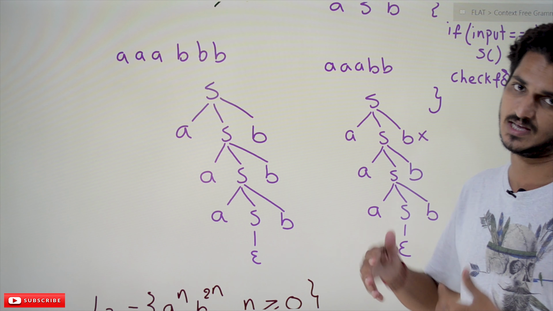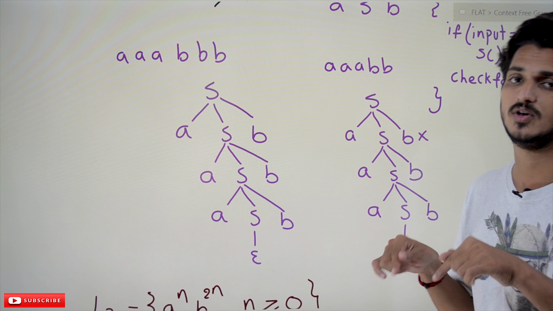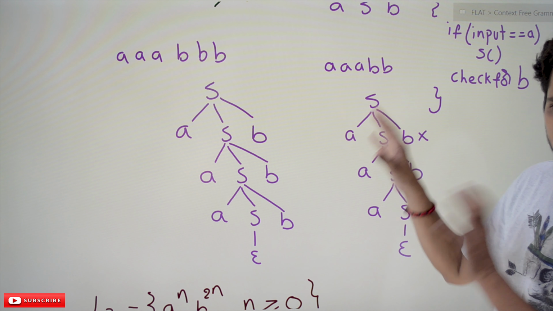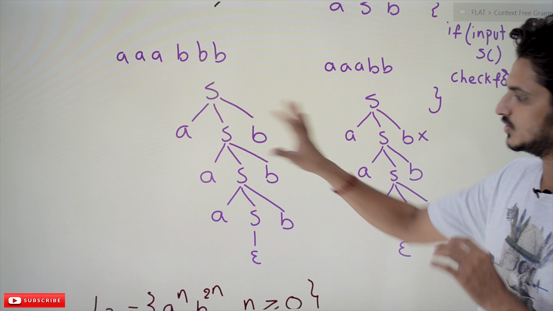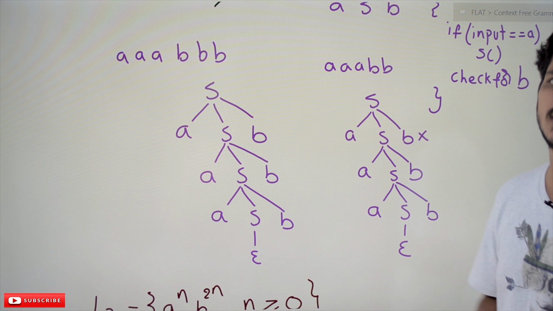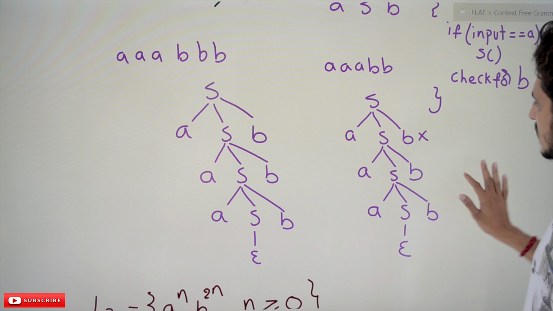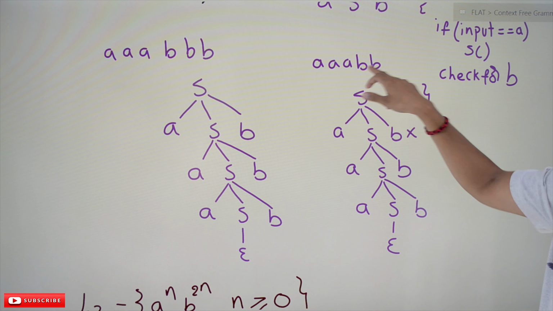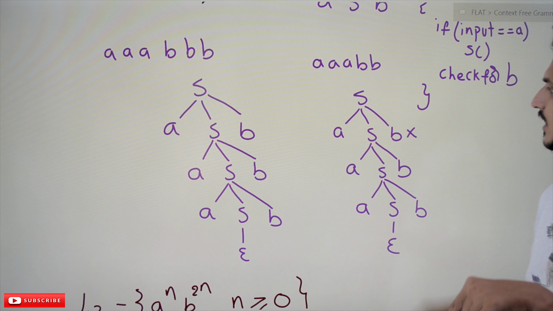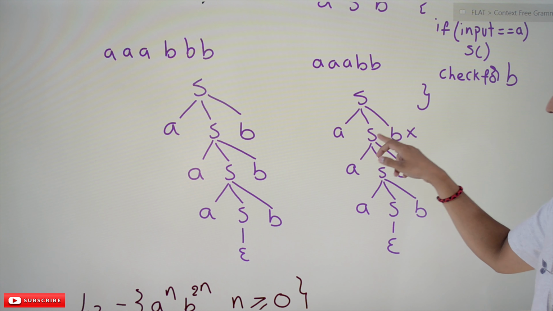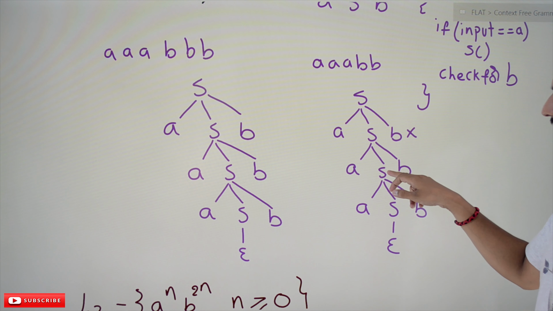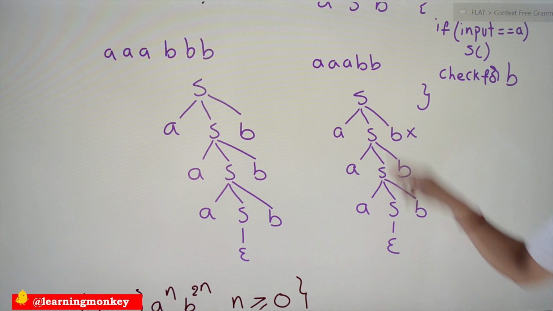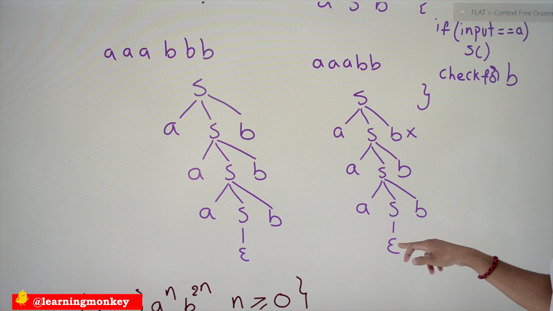We will discuss many examples in our next class. The basis for those examples is this situation. If you understand this and get good intuition about it, then you can easily write a context-free grammar for a given language. Let's understand the same language with another string, a a a b b. This should not be accepted. S, a, again call S. a, again call S. a, again call S. We stop here because we have 3 a's and epsilon is there.